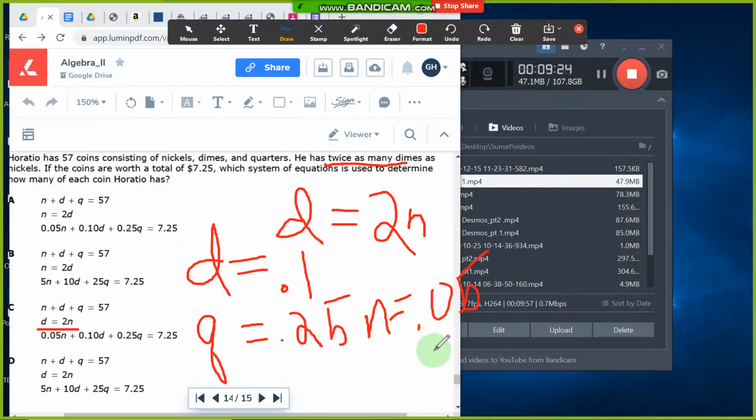Nickels are 5 cents. Think about if you paid $1 and a nickel, it'd be $1.05. So this dimes plus this quarters plus this nickels would equal your total of 7.25. Only A and C have that, so C would be our correct answer right here.